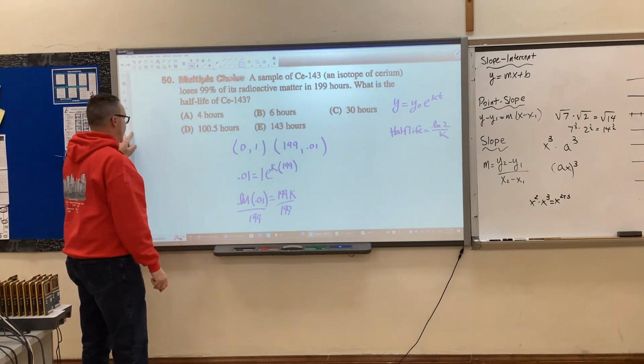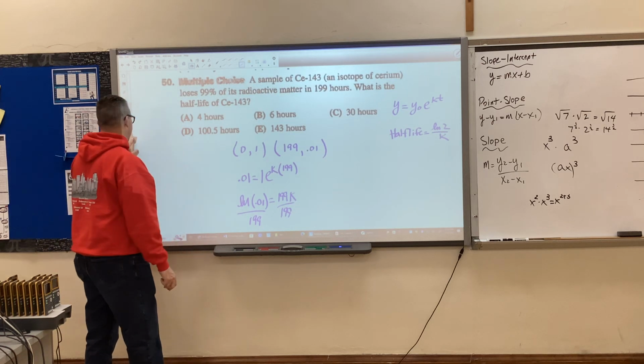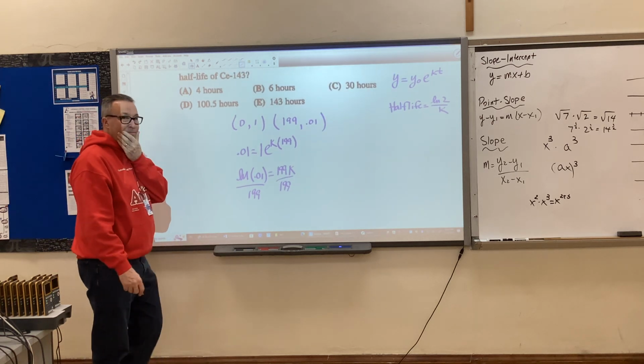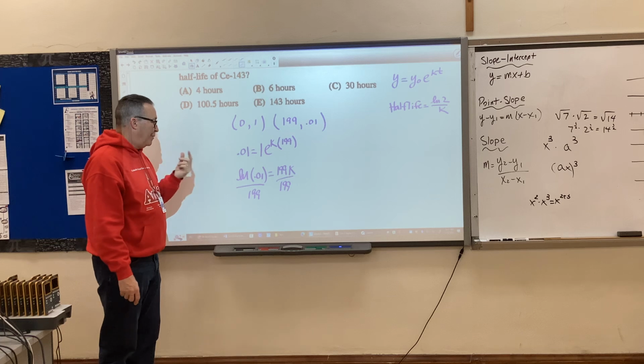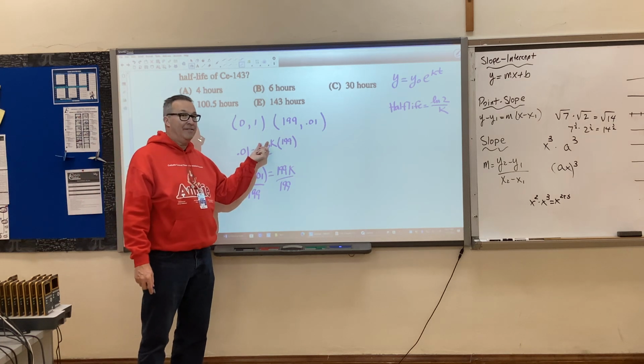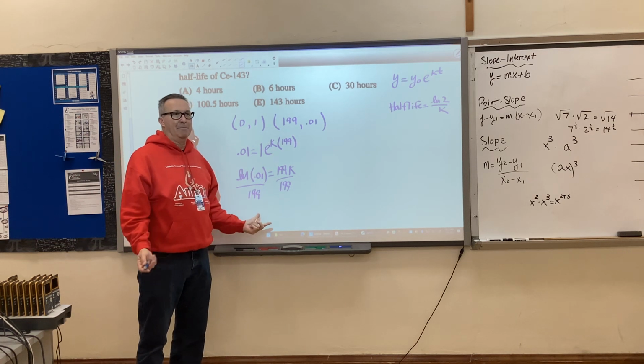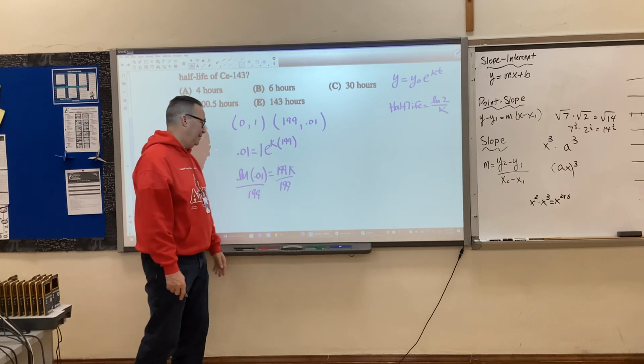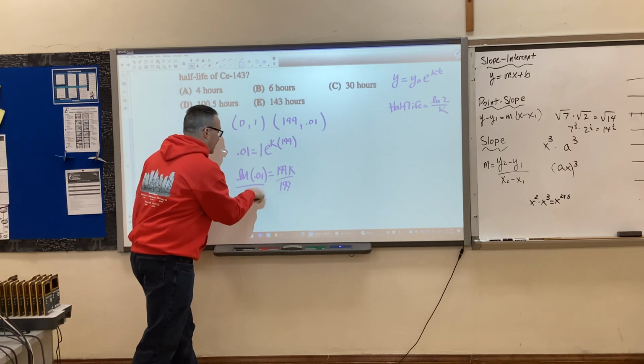K is this weird number. It's going to be negative, right? And I know the equation for half-life uses a negative k here, so our k ends up being positive. That's the only reason why. But we get k to be this number.